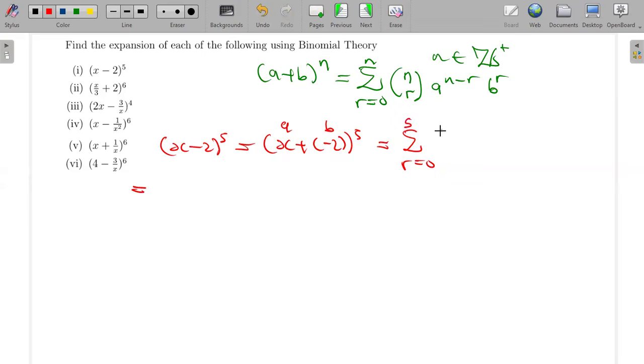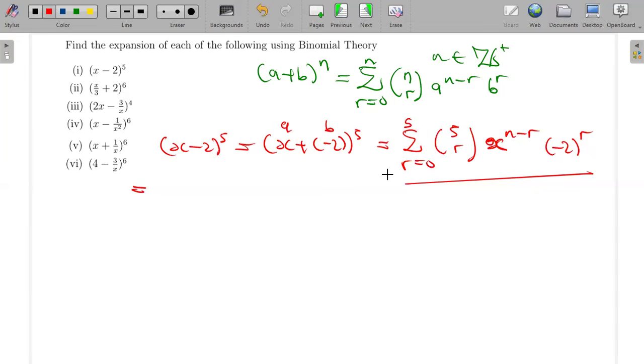And then there, that means you have 5 choose r. And then you have a. Our a in this case is just x. So that's going to be x to the power of n minus r. And then our b there is negative 2. So negative 2 to the power of r. So in short, this is what we're going to use. Of course, we are going to get each and every one.